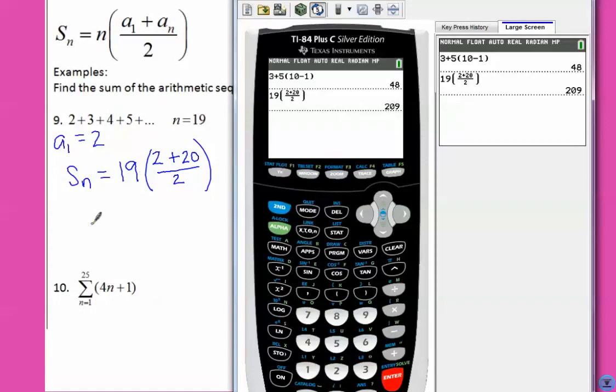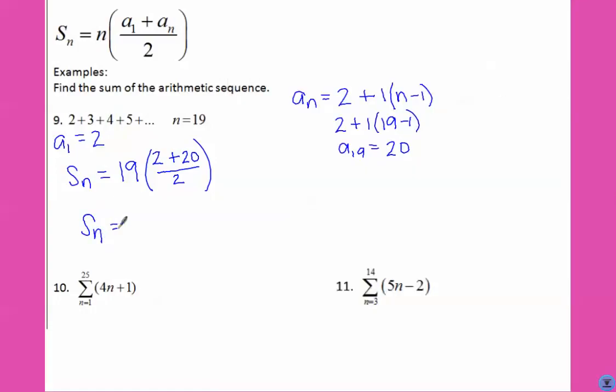The sum is 209. And what this formula is doing for you is taking the first 19 terms in the pattern and adding them all up. So if you really wanted, you could write out the first 19 terms and add them all up, but the formula is a lot shorter.